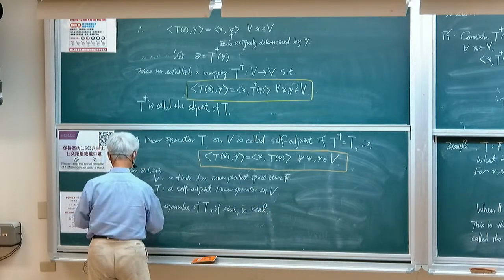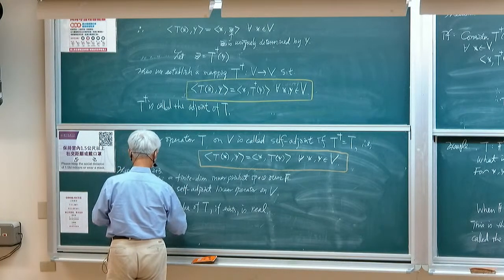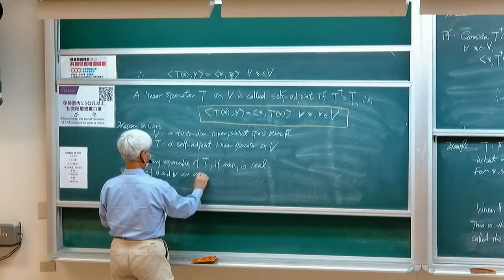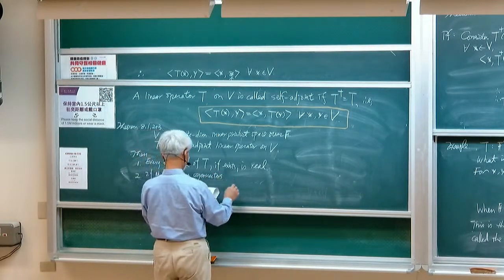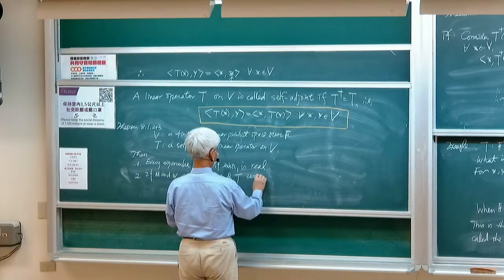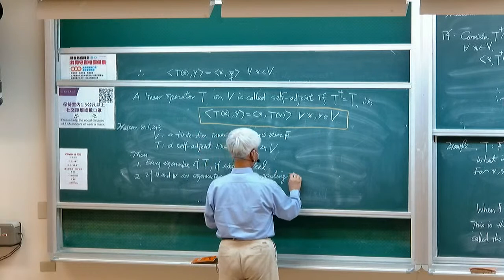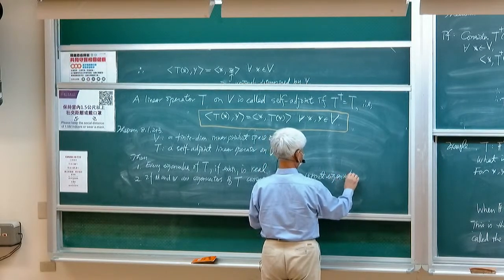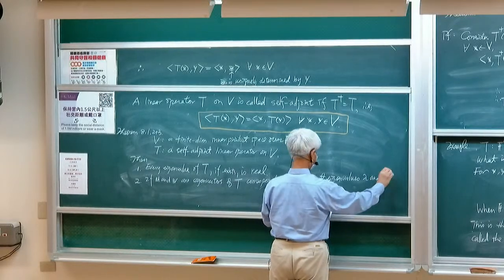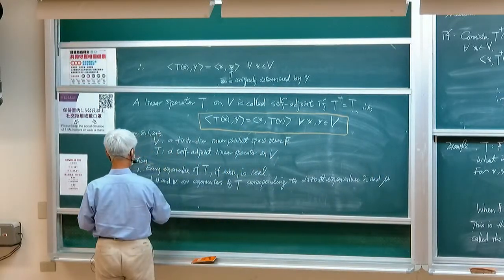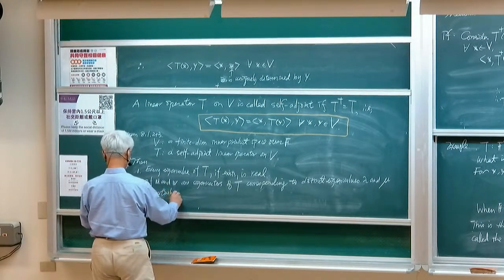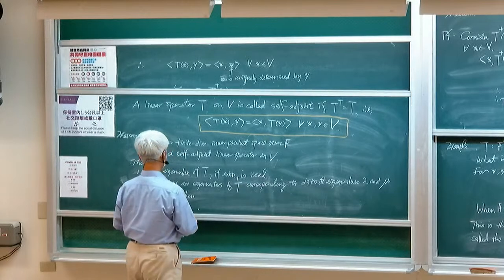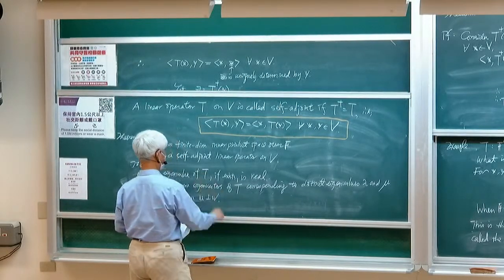Second, if u and v are eigenvectors of T corresponding to distinct eigenvalues lambda and mu respectively, then, so if we have two eigenvectors corresponding to distinct eigenvalues, then these two eigenvectors must be orthogonal to each other.